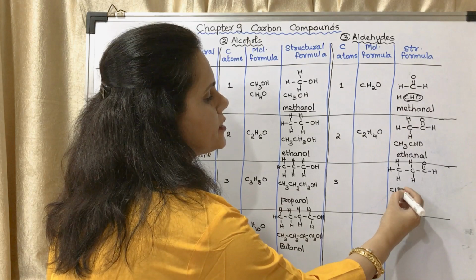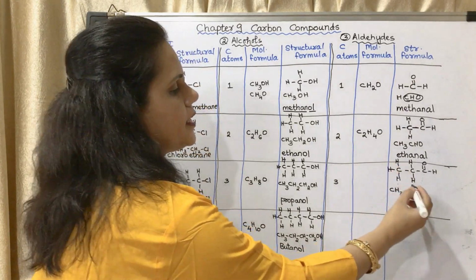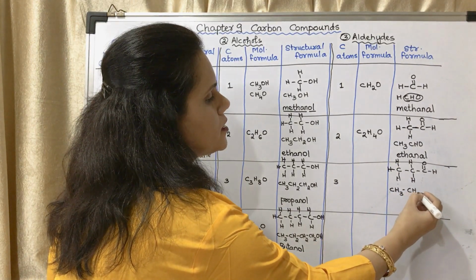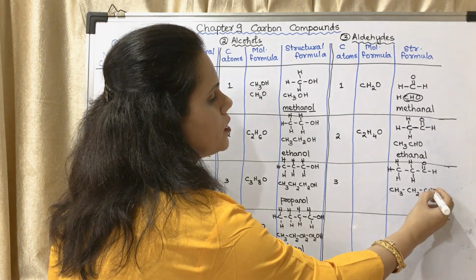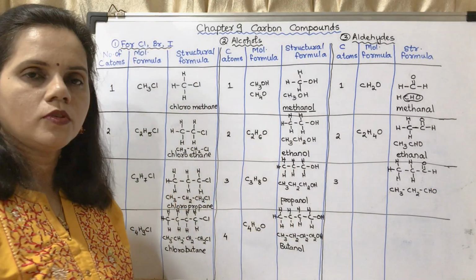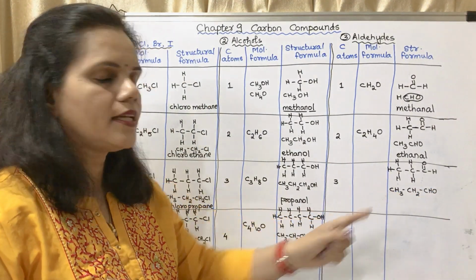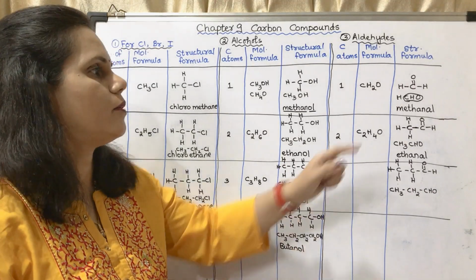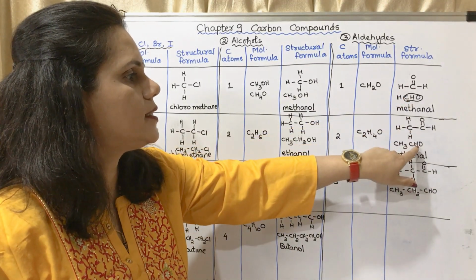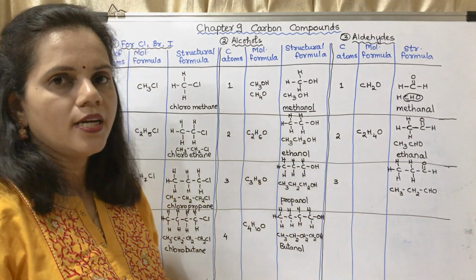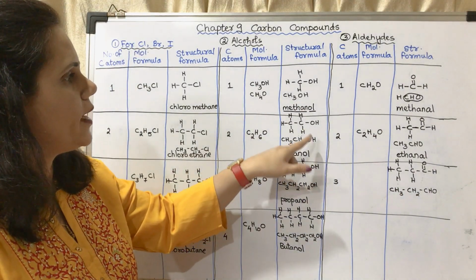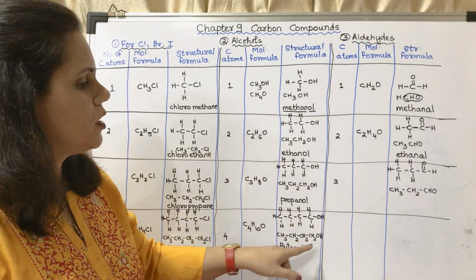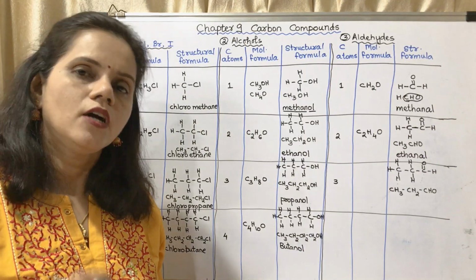Now the condensed structural formula, CH3 CH2 CHO. So you may see that in the condensed structural formula you have to put CHO, just like you had put OH everywhere.